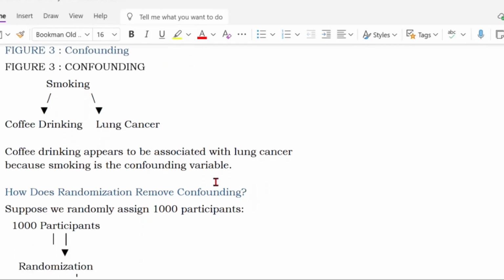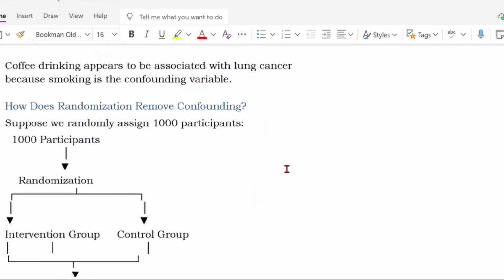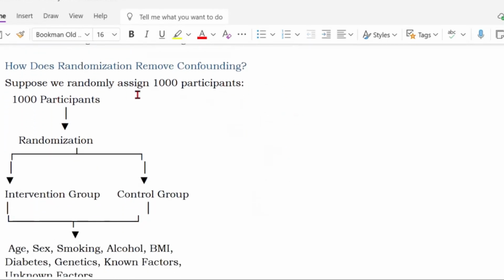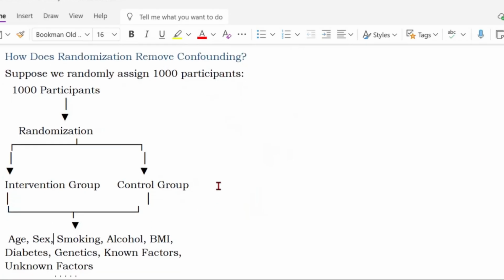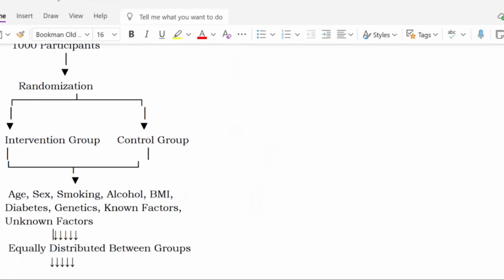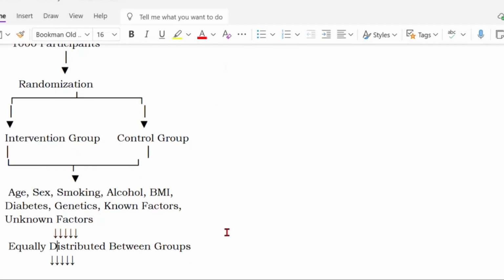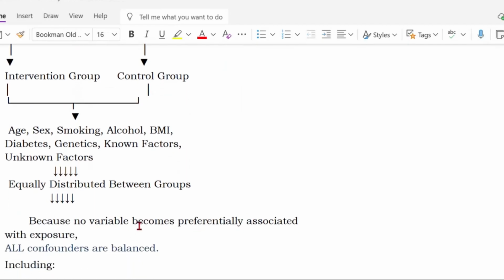Okay, so how does randomization remove the confounding? Suppose we are randomly assigning 1000 participants. We carry out the randomization, and they will be randomized to the intervention group and the control group. When we do this, age, sex, smoking, alcohol, BMI, diabetes, genetics, known factors, unknown factors will be equally distributed between the groups, because no variable becomes preferentially associated with the exposure.